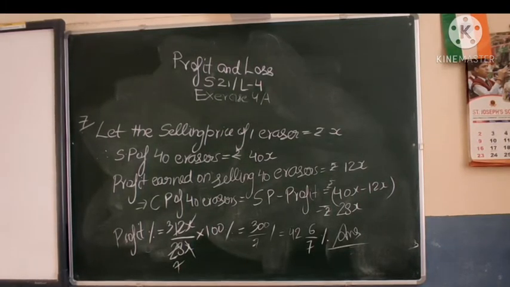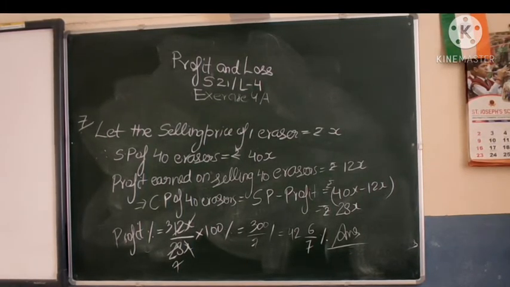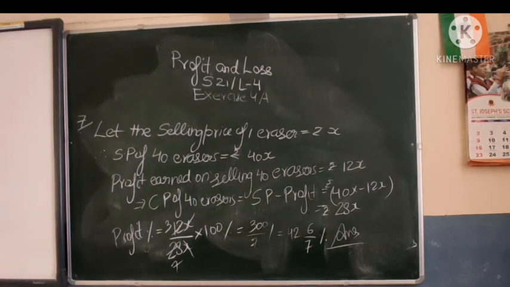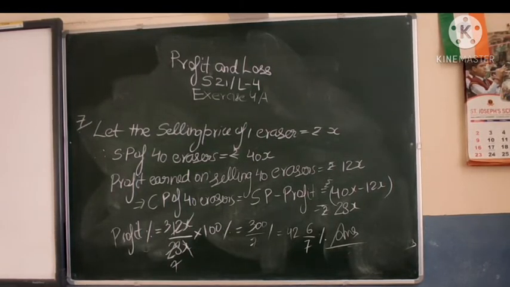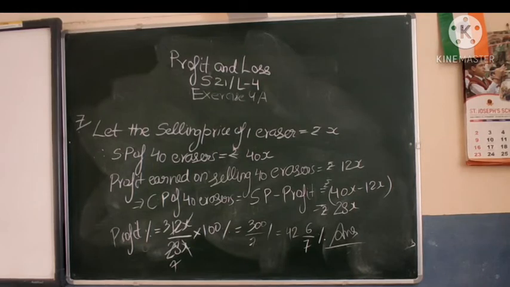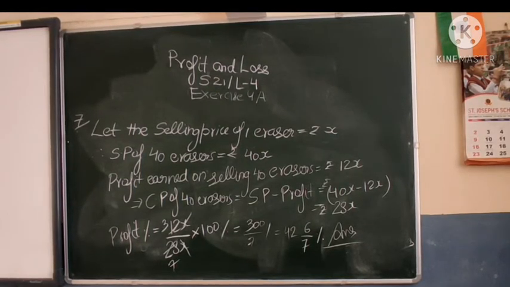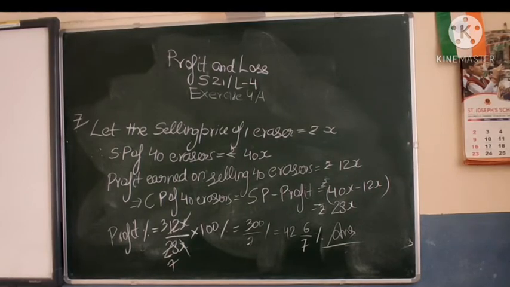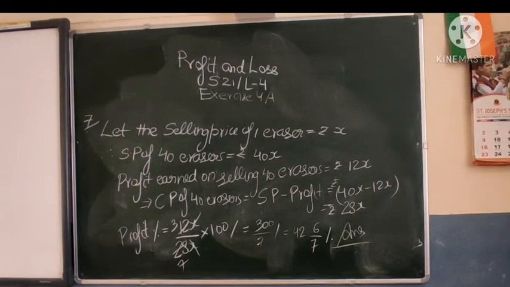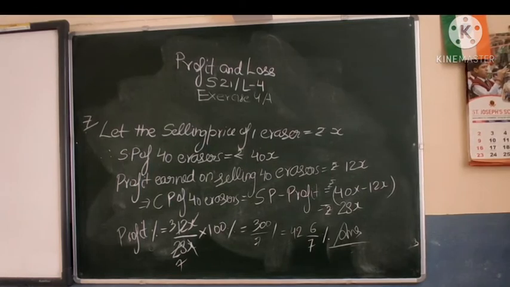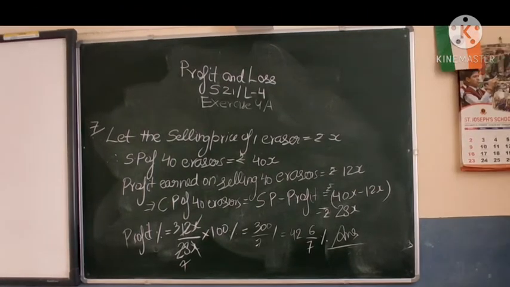You know, profit is the extra money that is earned on cost price. So if you remove the profit from the selling price, you will get the cost price. So then I have calculated the cost price here, and using the cost price I have got the profit percentage, profit upon CP into 100.